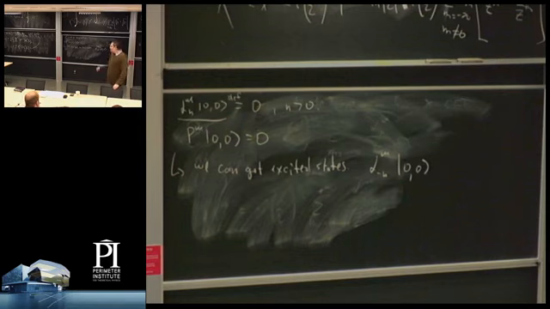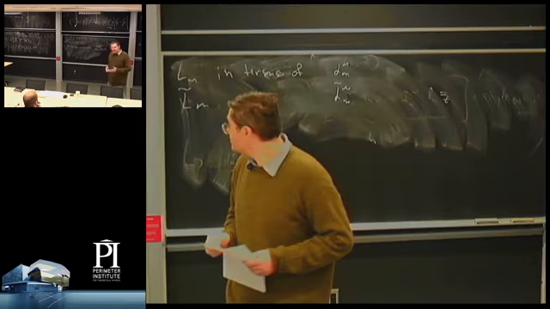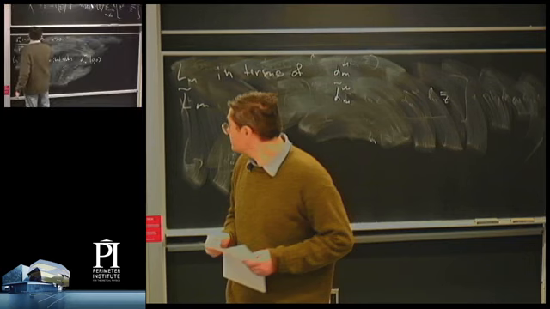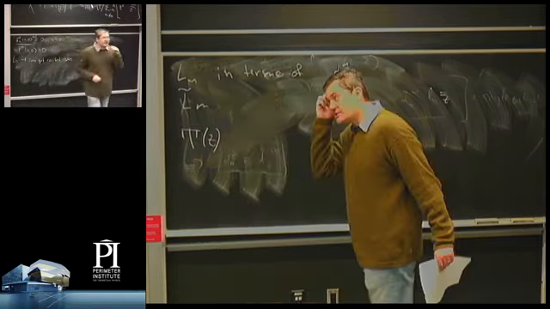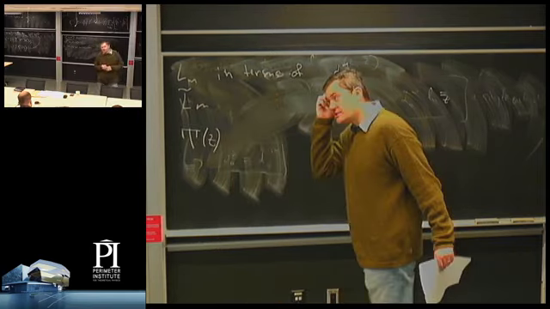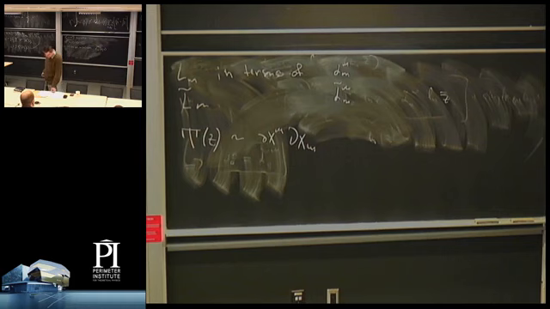What we will find is that precisely this way of defining a vacuum state corresponds to a state of lowest eigenvalue of L naught. So it's a natural way. Very good, it's a good question. Any other questions?